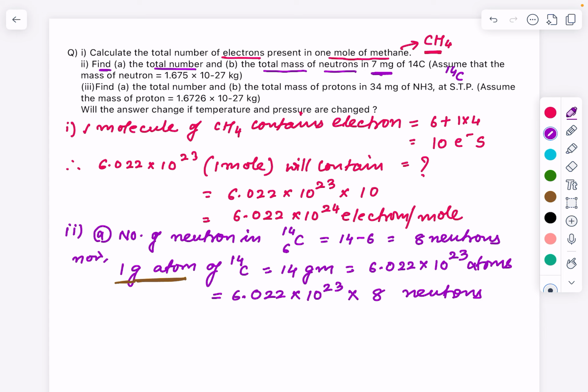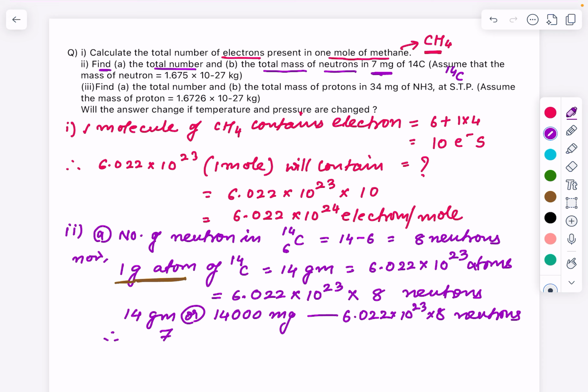So just now we saw that 14 grams, which is nothing but 14,000 milligrams, will have 6.022 into 10 to the power of 23 into 8 neutrons. You will have that much in your 14 grams. Therefore, for 7 milligrams, it is in milligrams we have already taken, so 7 milligrams will have how much?